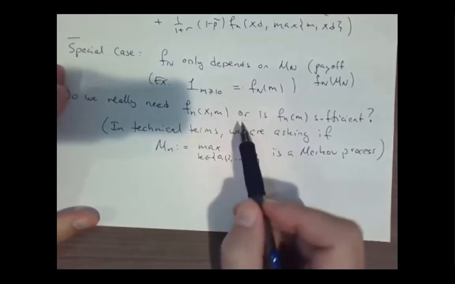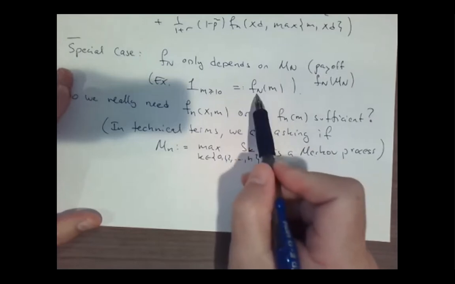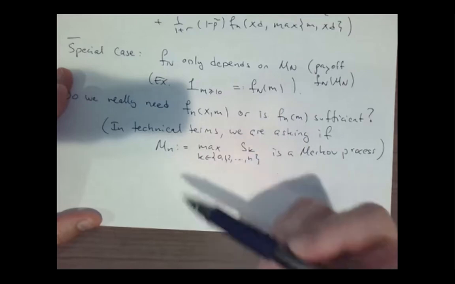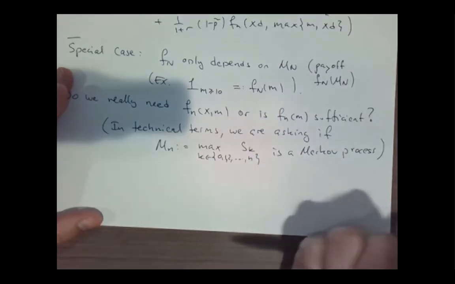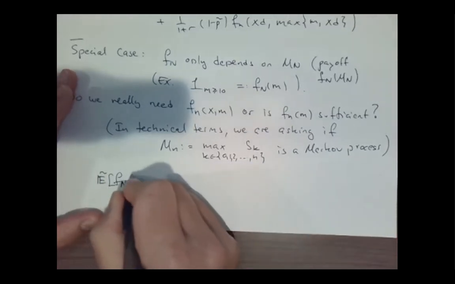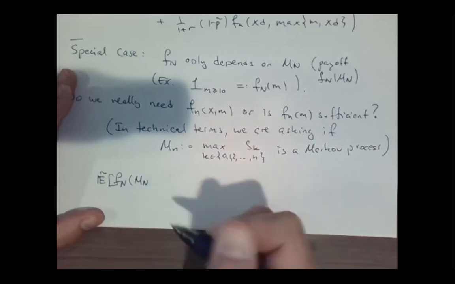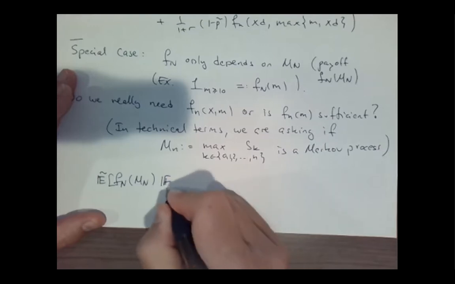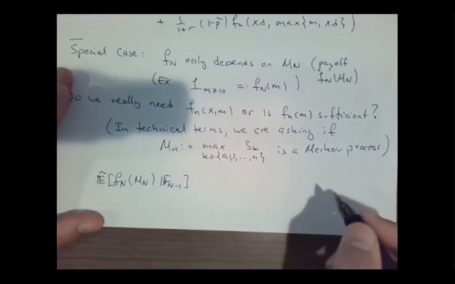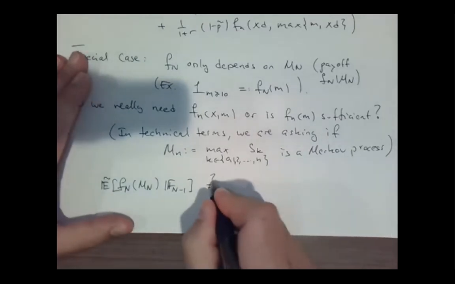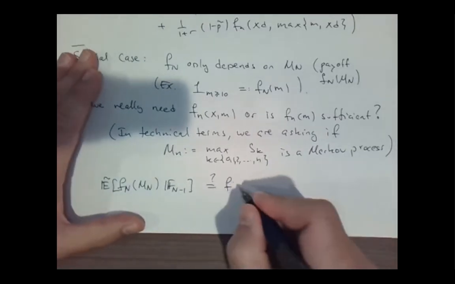The way to get started on stuff like this is to just start out with the end and see what happens when you compute the conditional expectation at time n-1. We need to compute the conditional expectation of Fn, where we plug in Mn, given F_{n-1}.